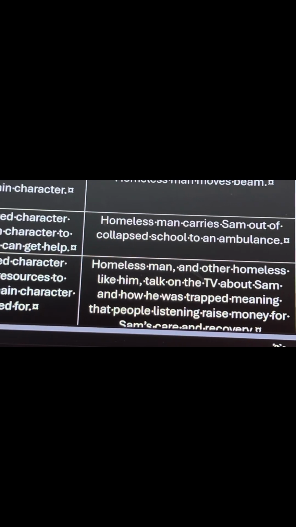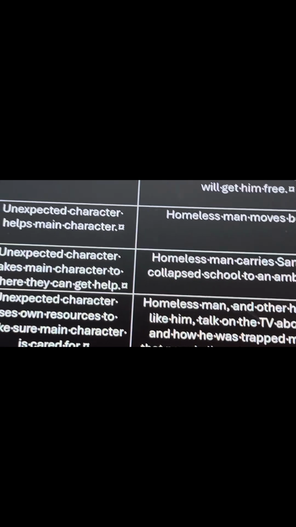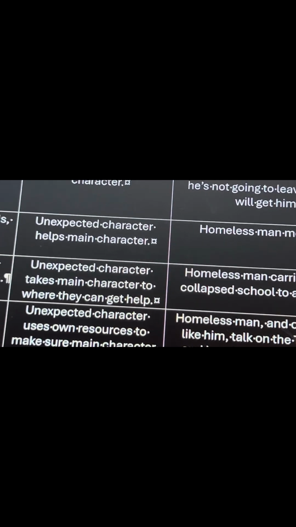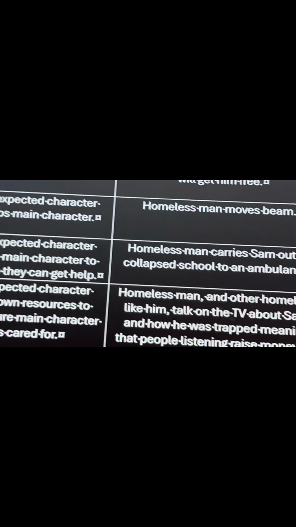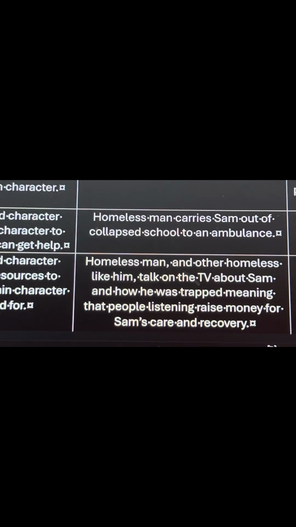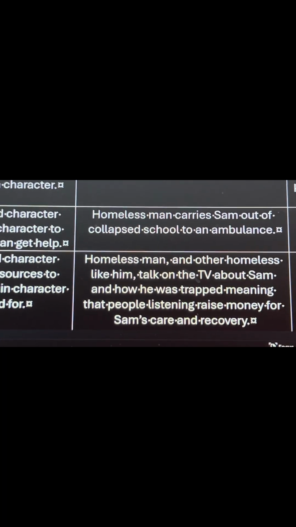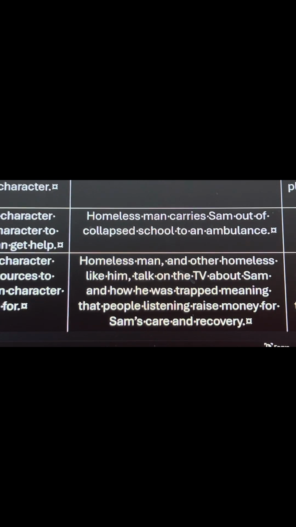So this is, and let me just move it down slightly. Homeless man and other homeless like him talk on the TV about Sam and how he was trapped, meaning that people listening raise money for Sam's care and recovery.